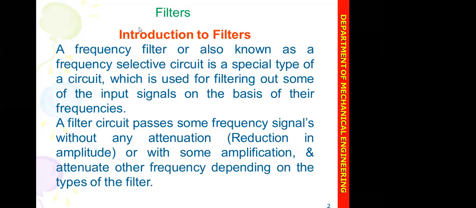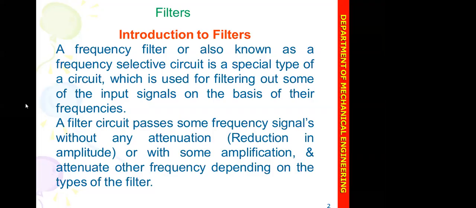It is also known as a frequency selective circuit, a special type of circuit used for filtering out some of the input signals on the basis of frequencies. Unwanted frequencies in your signal affect the output and cause disturbance, so the output is not satisfactory.